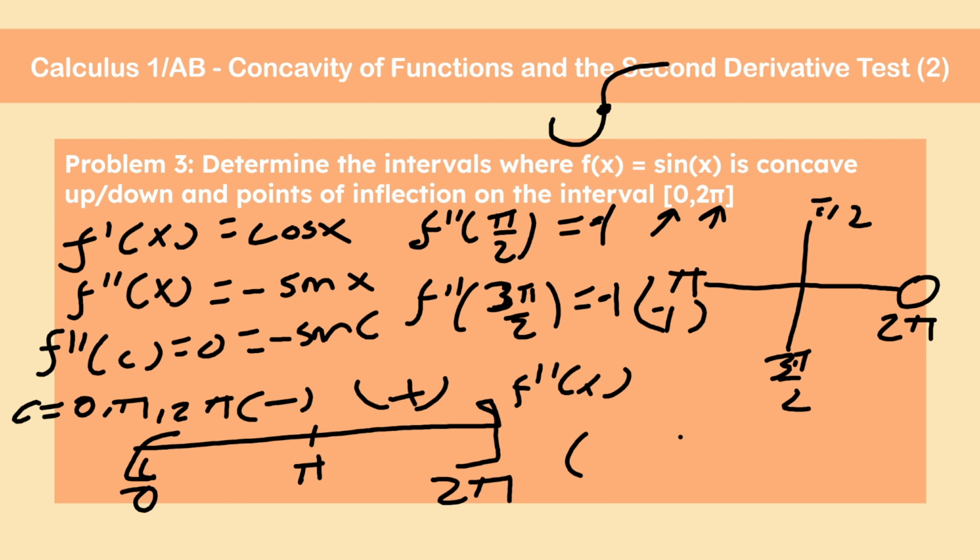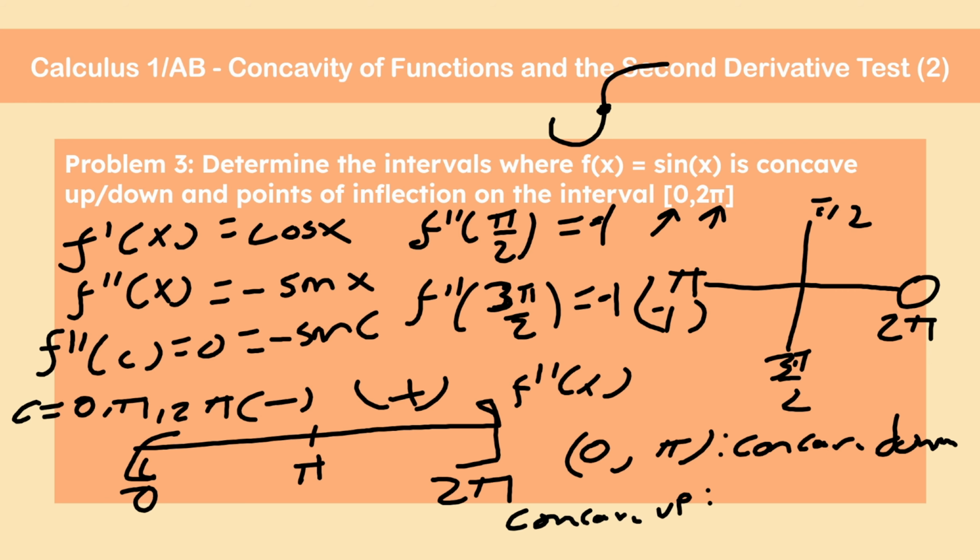So from 0 to pi, the function is concave down. The function is concave up on the open interval pi to 2 pi. And we have a point of inflection at pi because it switches from negative to positive.